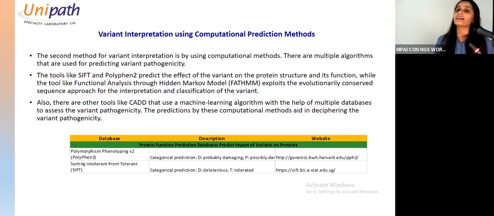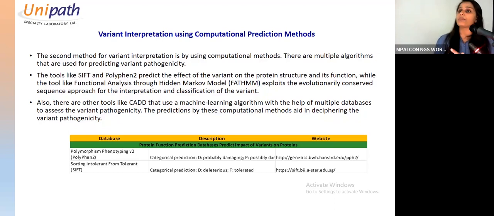So, yes, that is definitely also true, because all the tools have limitations. Especially with substitutions, it's not a problem. But when you have deletions and insertions, most of the tools struggle.